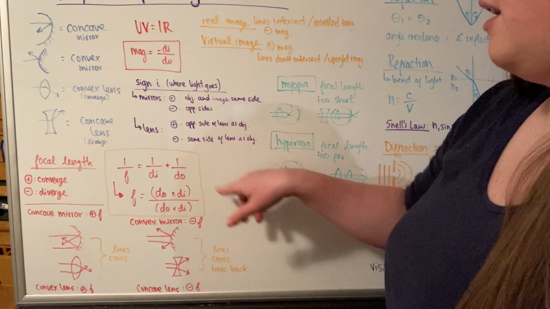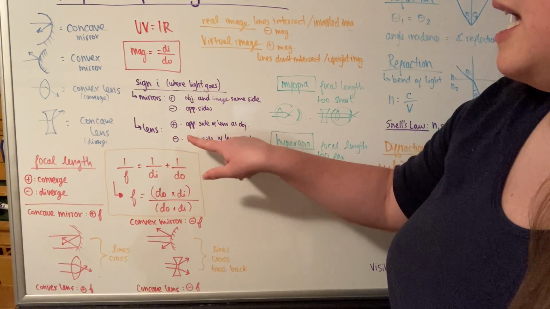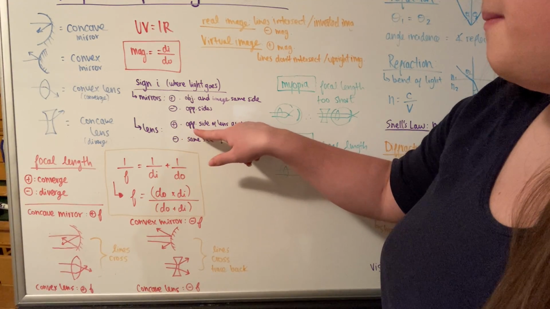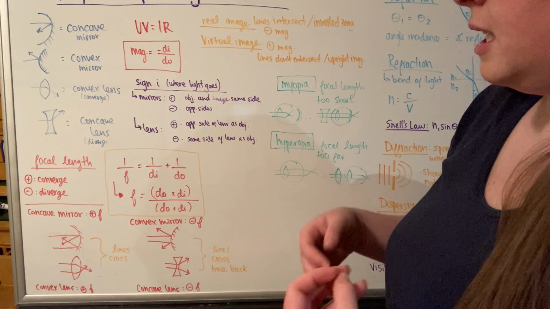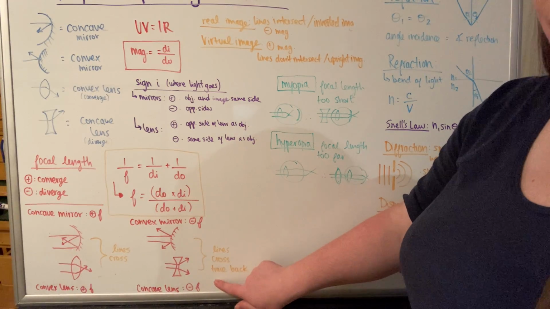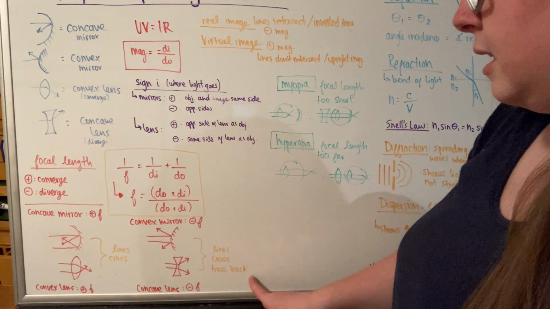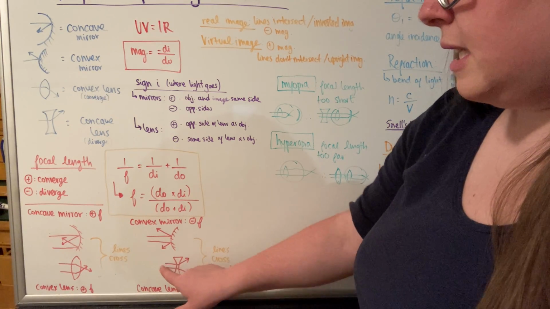And then finally, for the positive image distance when we're looking at a lens, is when we have the image and the object on opposite sides. Okay, so we can see that in this concave lens, right? If light is going in this direction, the image would be back here because you're having to trace these lines back.